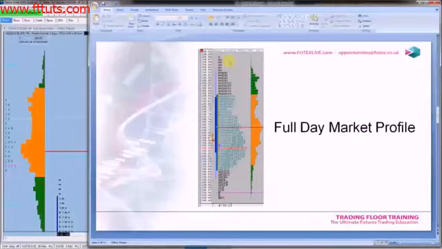We end up with our high, our low, our initial balance high, IBH, our initial balance low, IBL, our TPO value area highs, our TPO value area lows, our volume value area highs and our volume value area lows. We also find our opens and our closes, as well as our TPO points of control and our volume points of control. We end up with all of those bits of information from one profile.